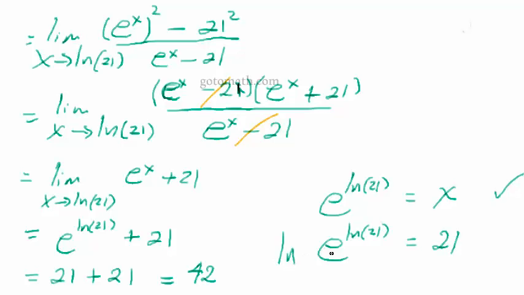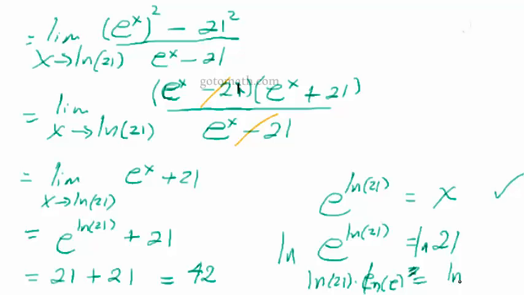But if you took the natural log of both sides, and then took these properties of the natural log function, you could bring the natural log of 21 out front. You end up with the natural log of e is equal to, I should actually say x right here, I just wrote the natural log of x.